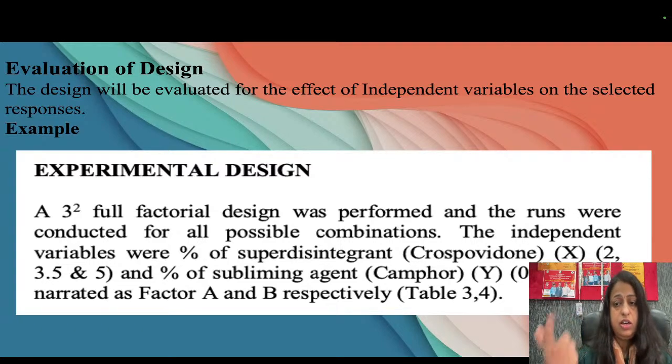So in the first case it is 2 and 5, meaning the minimum is 2 and the maximum is 5, and in the second case the minimum is 0 and the maximum is 10, right? So they are called factor A and factor B, and their effect was checked on the responses.